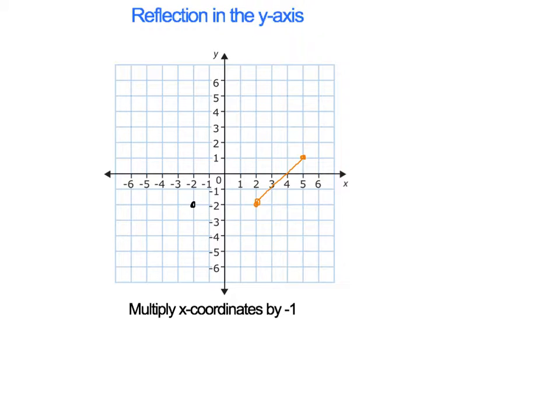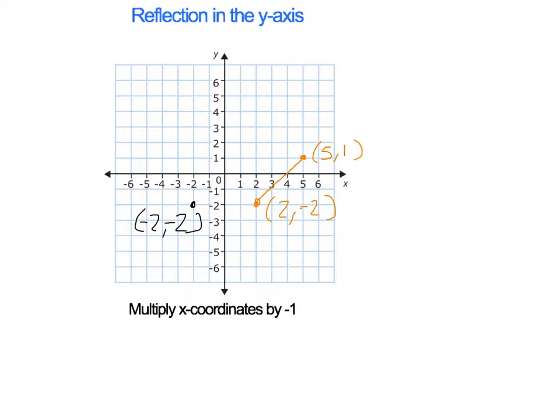So again, we have an algorithm we're going to follow, and that is we are going to multiply the x-coordinates by -1. Here, this was the point 2, -2, and this was the point 5, 1. The x-coordinate 2, multiplied by -1, gives -2 as my new reflected x-coordinate. But my y-coordinate, I'm not going to touch. I'm going to leave as -2.